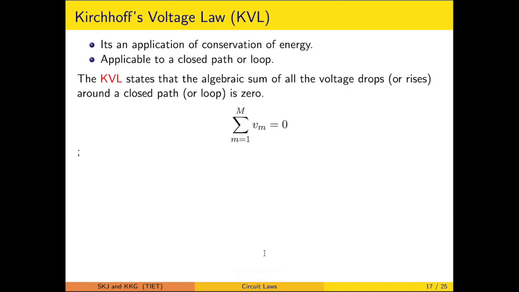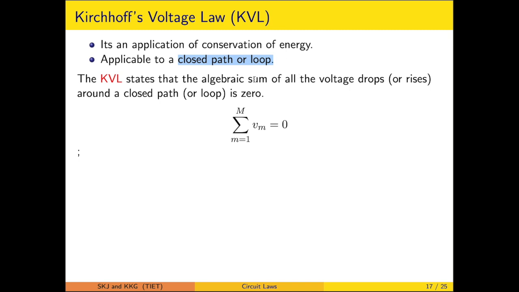Now this particular one is Kirchhoff's voltage law. We have to see it on the analogous line. It is the application of conservation of energy. This is applicable to a closed path or a loop. That loop can be an independent loop or a different loop. In general, it is a closed path.